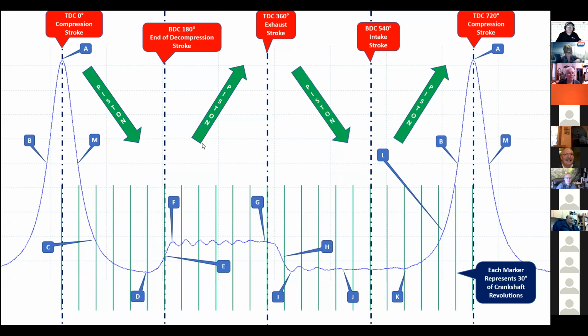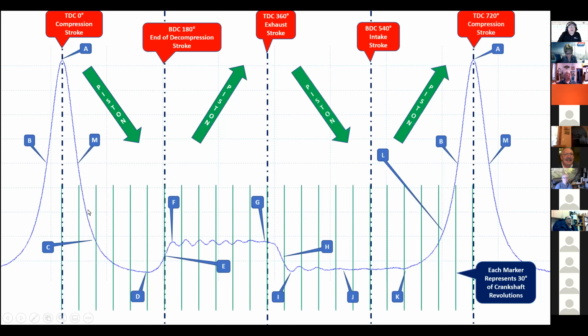When I built this chart, I tried to put some extra value into it, to give you an idea, when you took that compression gauge out of the picture and put the pressure transducer in the cylinder instead, and you saw the squiggly line go across the screen, what does it mean? To help you out, I marked the actual compression waveform.